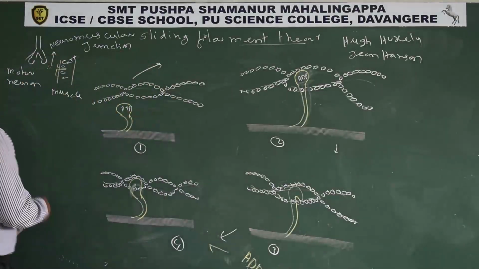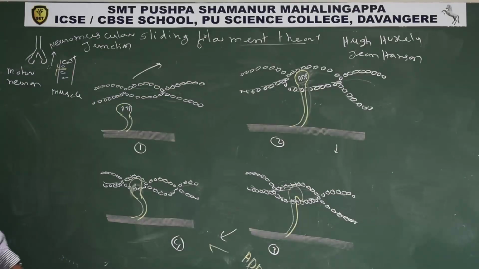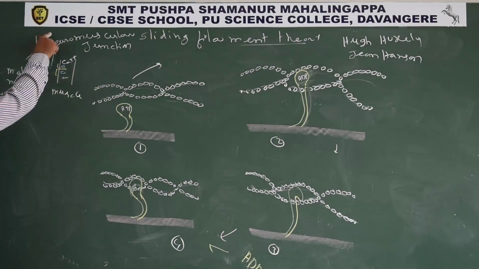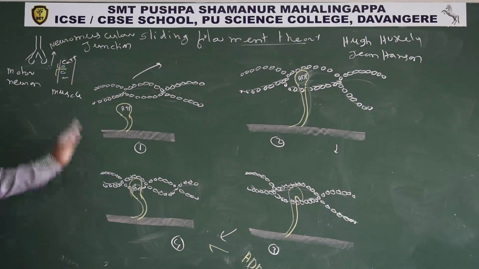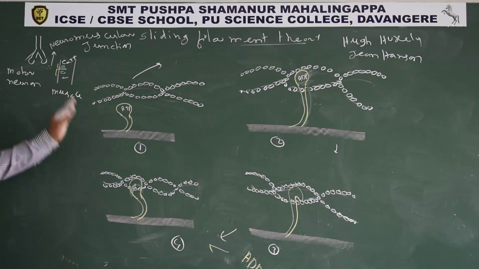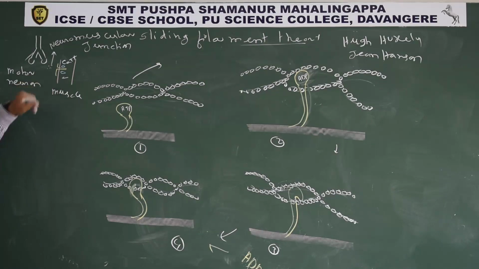Once again, sliding filament theory successfully explained muscle contraction. Hugh Huxley and Jean Hanson explained the sliding filament theory. Central nervous system sends message to muscle via motor neuron. Motor neuron releases the message in the neuromuscular junction. From the neuromuscular junction, the T tubule receives the message.